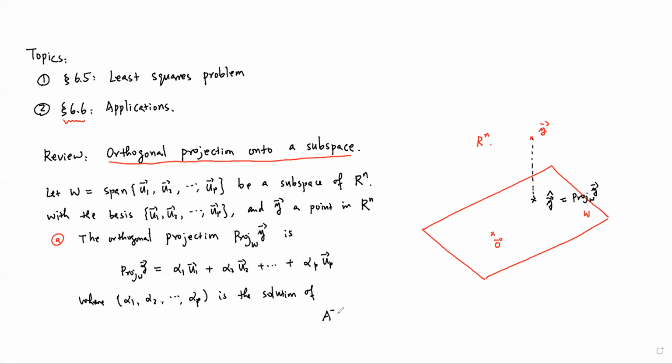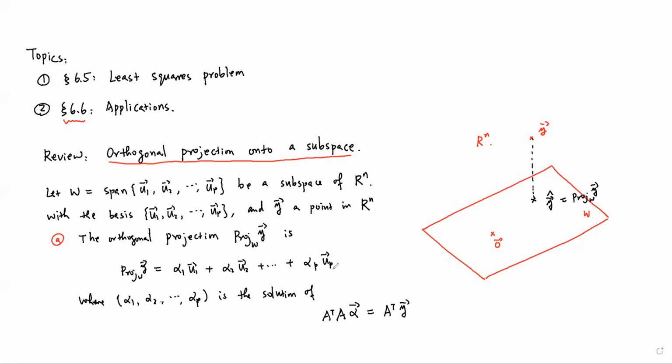A transpose times A. The unknown vector is alpha. Solve this equation to get alpha, then to get the coefficients.